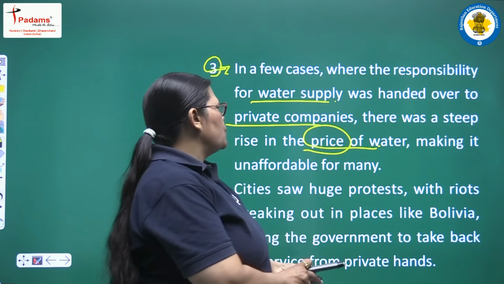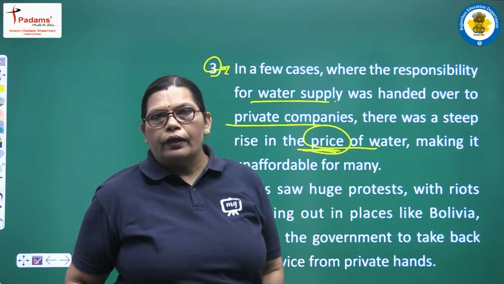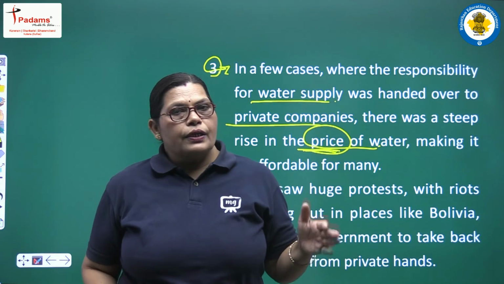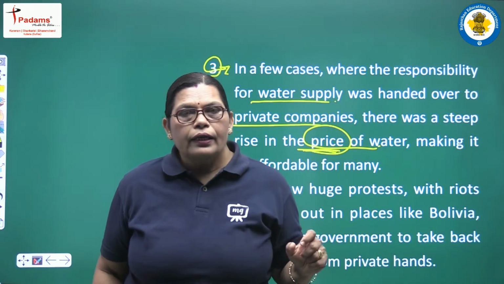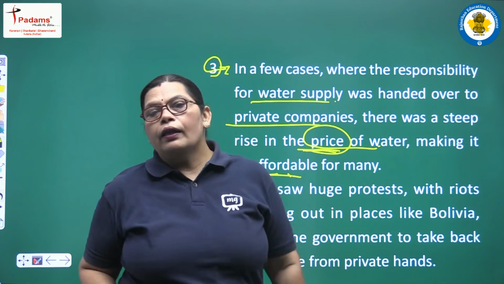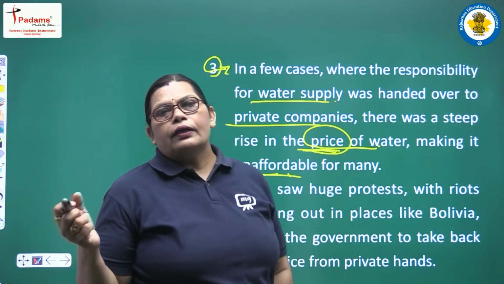The real situation is the rising price of water, and this rise is not in a proper way. Why? Because in that condition it is unaffordable for many other people of the country.